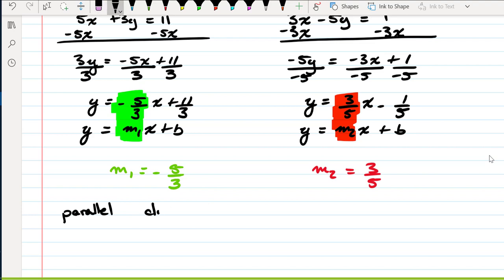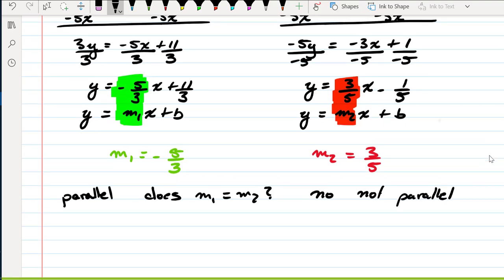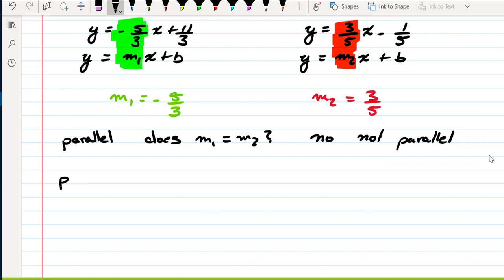So does m1 equal m2? And the answer is no, so they're not parallel. For perpendicular, we want to know, well, does m1 times m2 equal negative 1? Well, let's find out.